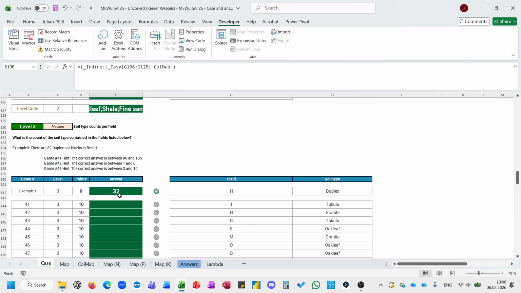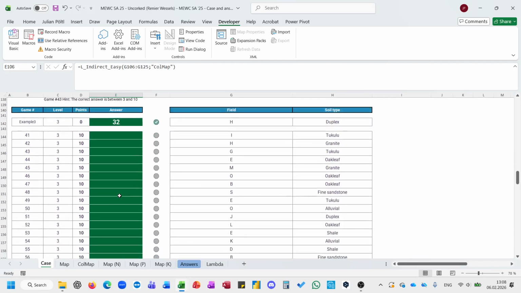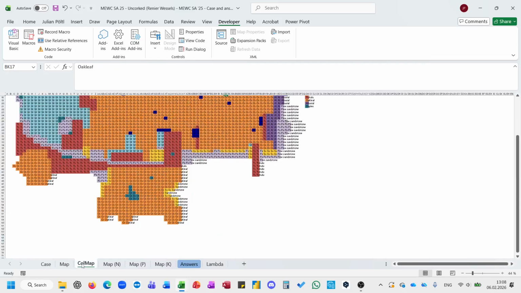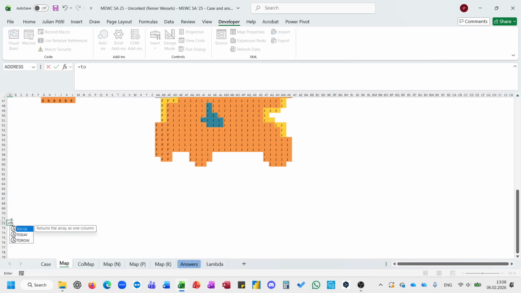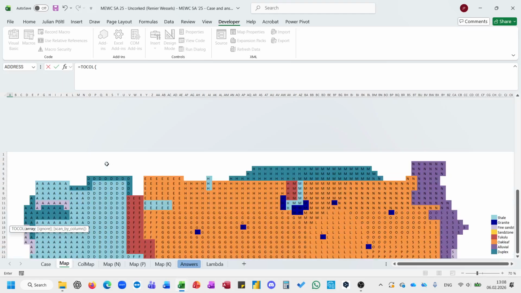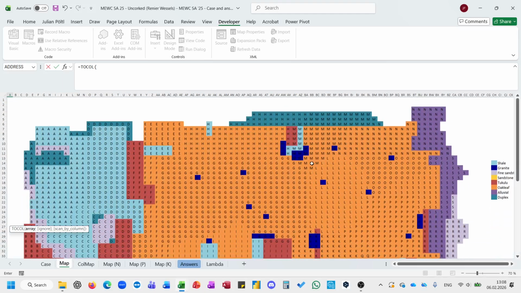Count of soil types contained in the fields listed below. Okay, so we need to call the same area for both.